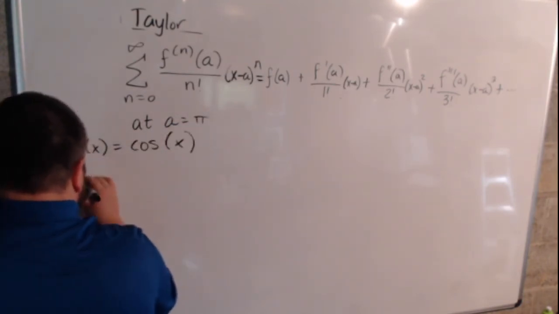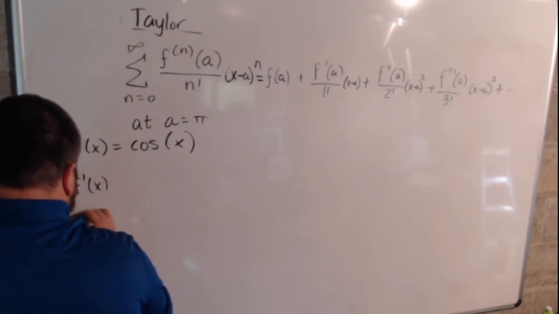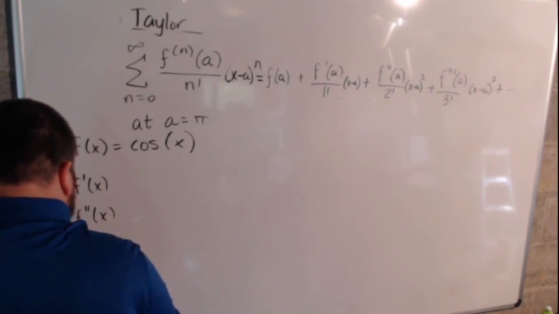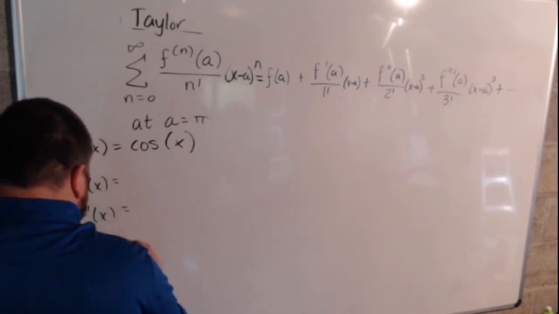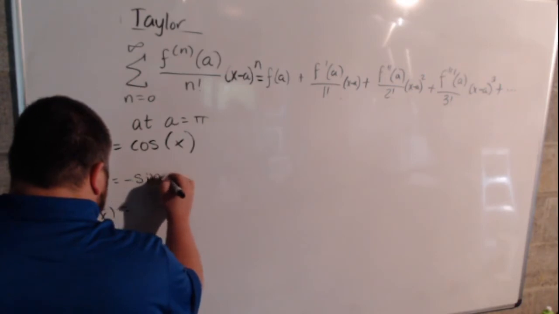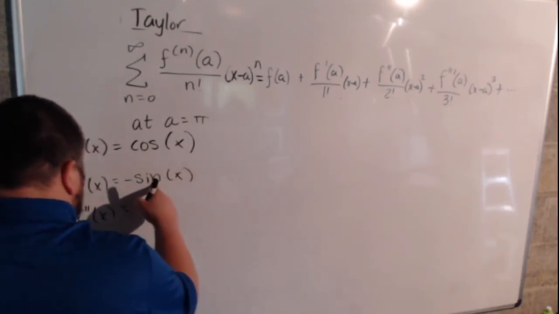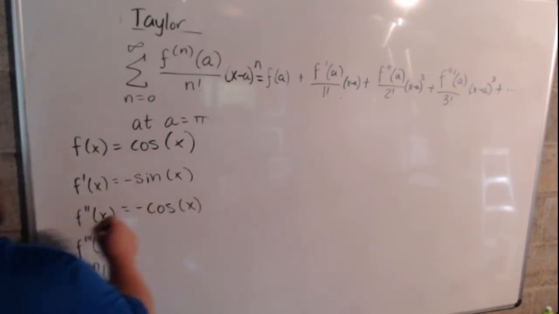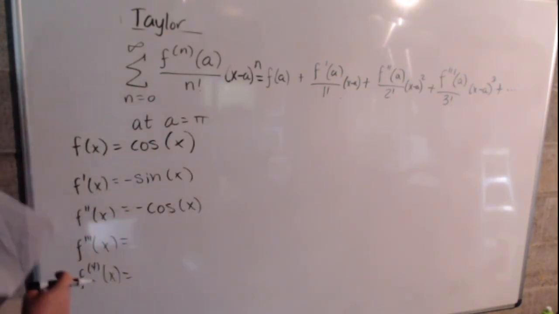So let's find the derivatives. Derivative of cosine is minus the sine. And derivative of sine is cosine. Have to keep the negative out in front.